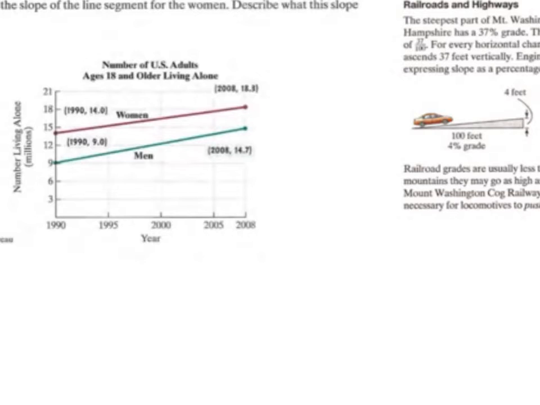So let's find the slope of the women's line, and that's 18.3 minus 14. There are my y values, over 2008 minus 1990.